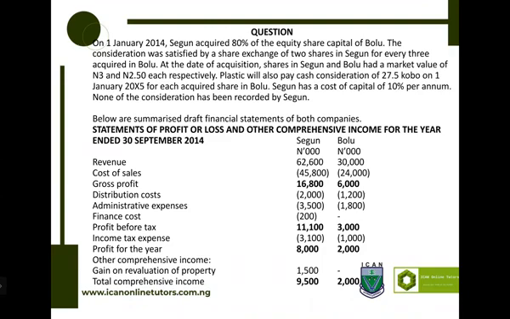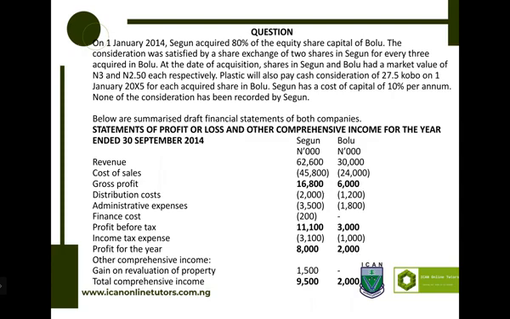We have on 1st of January 2014, Segun acquired 80% of the equity share capital of Bolu, and the consideration was satisfied by a share exchange of 2 shares in Segun for every 3 shares acquired in Bolu. Can you see that? 2 shares in Segun for every 3 shares acquired in Bolu.